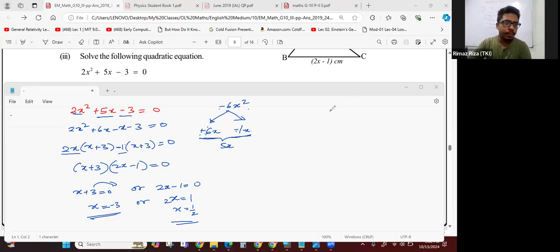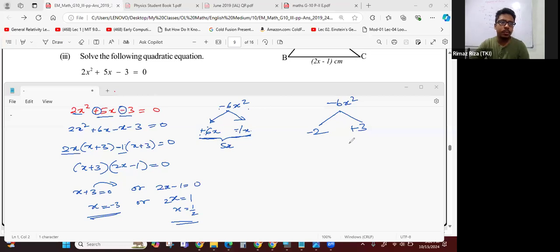By the way, I explained this minus 6x squared we can factorize as 2 into 3, right? Because 6 is 2 into 3, and here the summation should be equal to 5 and we read that bigger one is plus, therefore smaller one is minus.